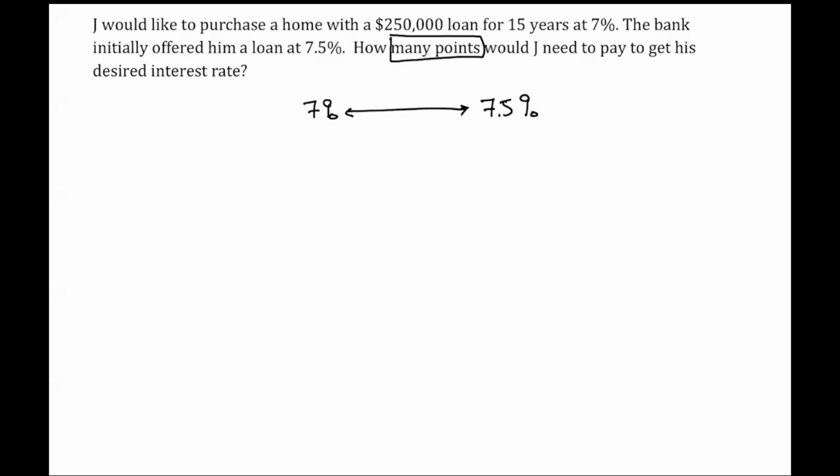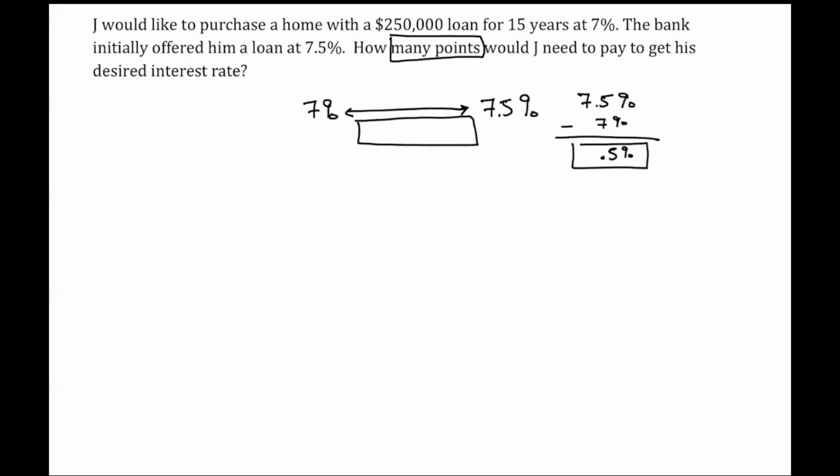So the easy way to do this is to first subtract. Would you do me a favor and say 7.5% subtract 7%? Isn't that going to be the difference between here and here? I have 0.5%. Yep, 0.5%.